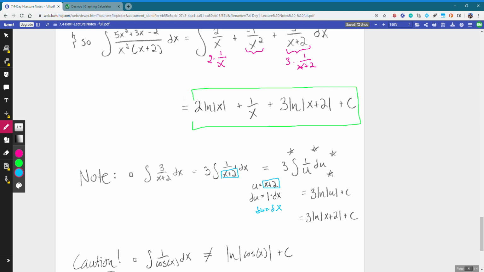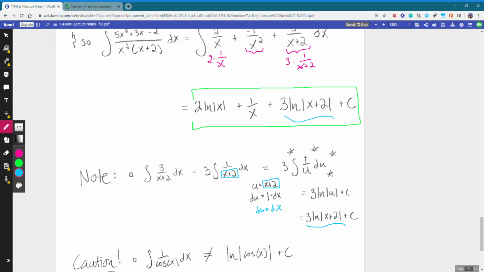Through this substitution, the integral becomes literally 1 over u, and that's a function we know antiderivatives for. It's natural log absolute value of u. Then plugging back in for u, we get what we saw up here.